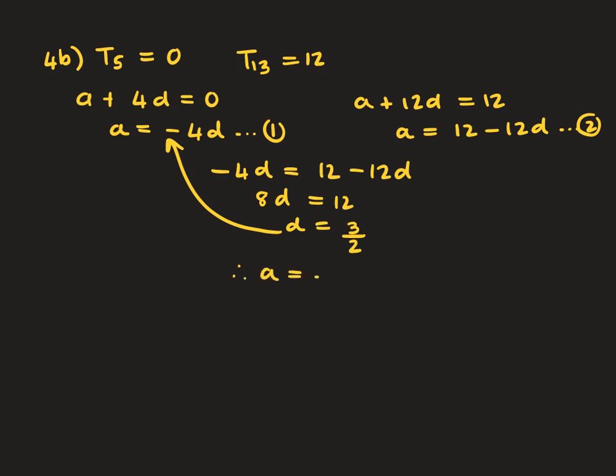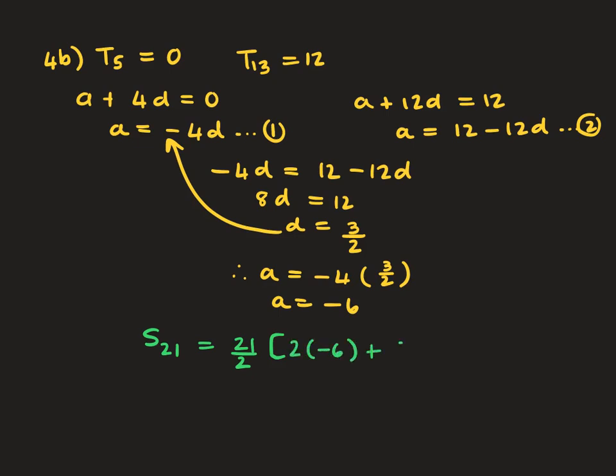So a is negative 4 times 1.5. So that's going to be negative 6. Okay, so we've got the values of a and d. The question, however, said find the sum of the first 21 terms. So S21, the sum of the first 21 terms, is n over 2. So we know n is 21.